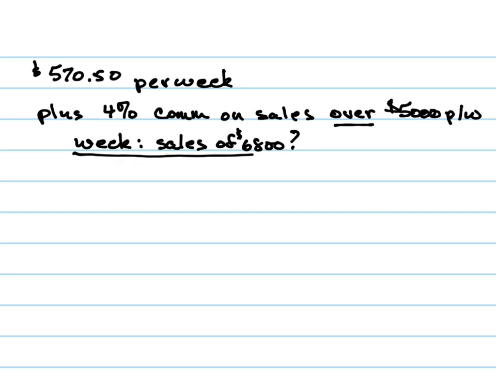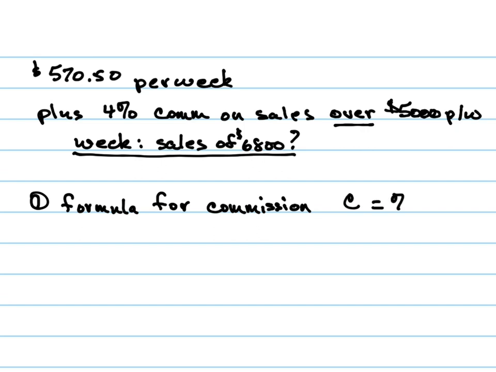So here's what we're looking for. What is the amount he earned in that week? So the first thing we want to do is think about a formula for the commission. And that's simply commission is equal to the percent times the amount of sales.